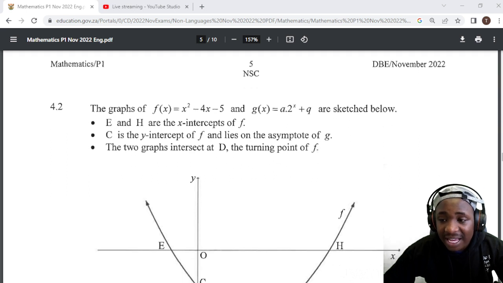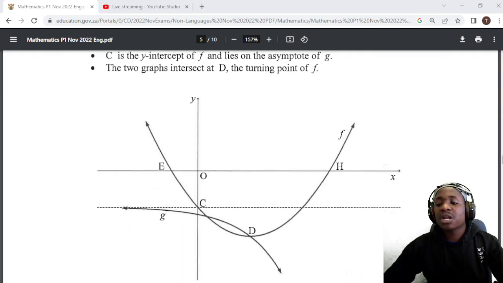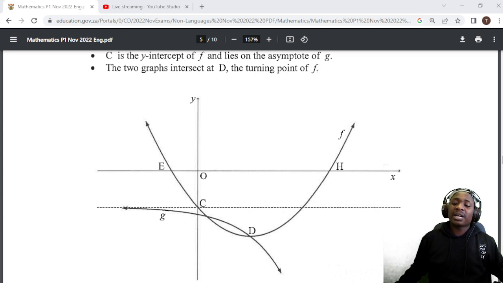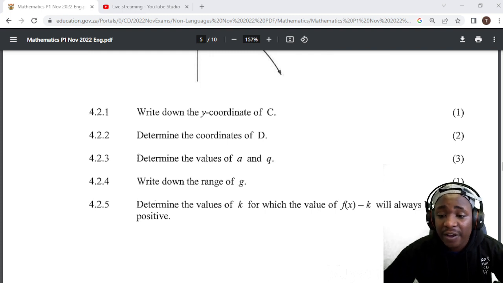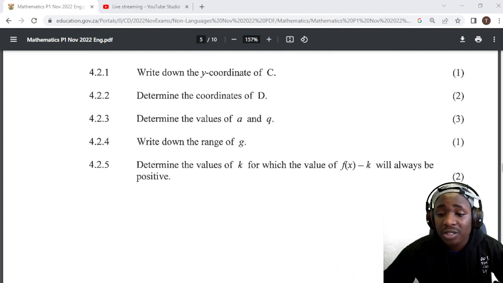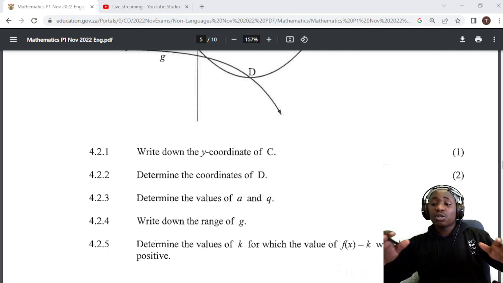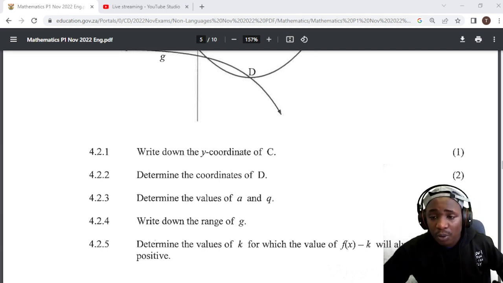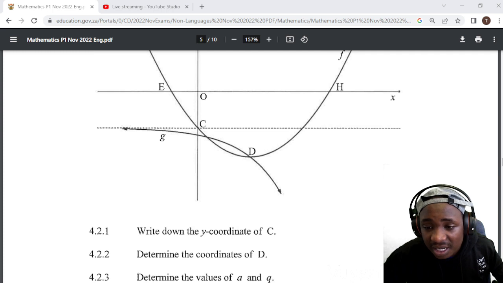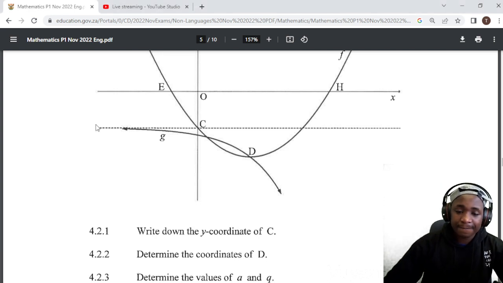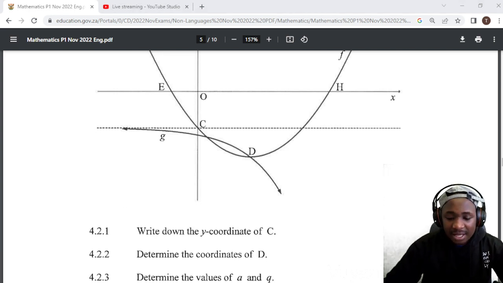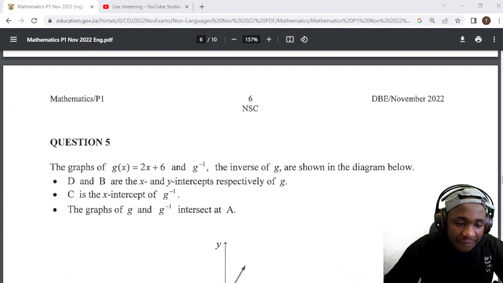We are saying f of k minus 9, which means we have shifted the graph 9 units downwards. So we can see these values of k for which f of x will always be positive, which means the function will always be found on the positive side, because even though we have shifted the function 9 units downwards, the function is still located on the positive segment. Then after that, we are happy. Then we are done with functions.